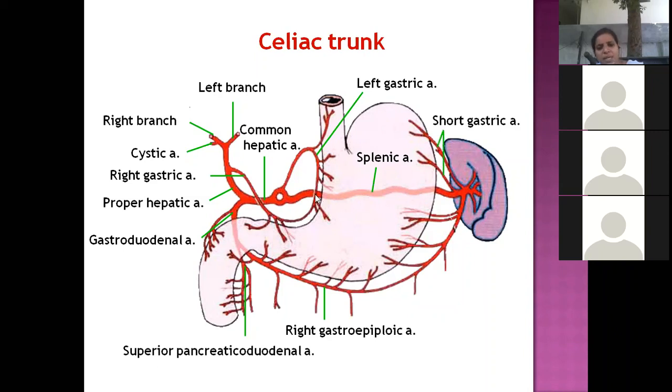There. Now you see here, splenic artery is giving so many branches towards the fundus of the stomach. You call it as short gastric artery. And you are finding one artery along the greater curvature of the stomach. From the splenic artery, you call it as left gastroepiploic artery. And entering into the hilum of spleen, we have splenic branches.